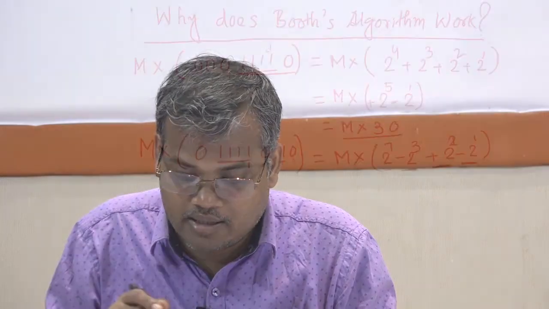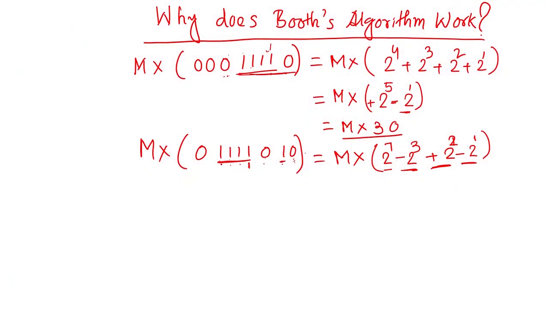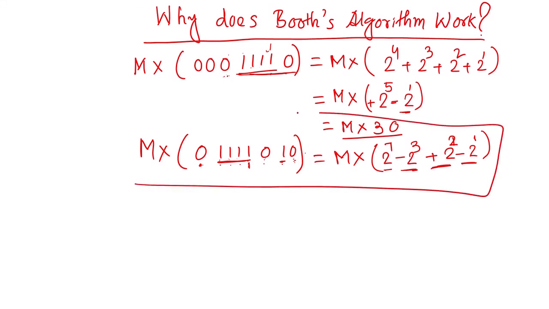Shifting is nothing but multiplying with 2. So, that is the power, and then no operation, no operation, no operation, and when we see this position, we add it. This position is 0 1 2 3 4 5 6 7, so 2 to the power 7. That is why it is working. So, this is with a positive number.